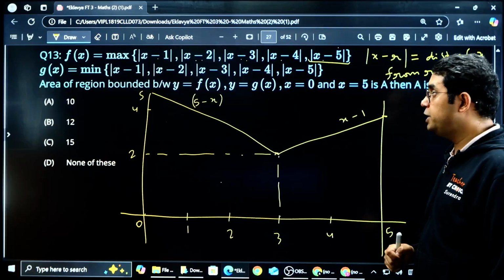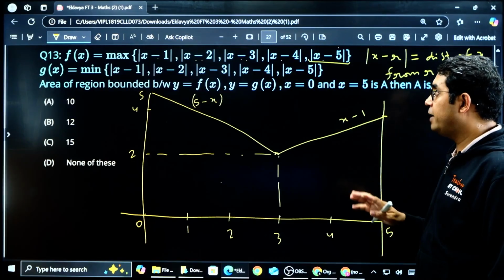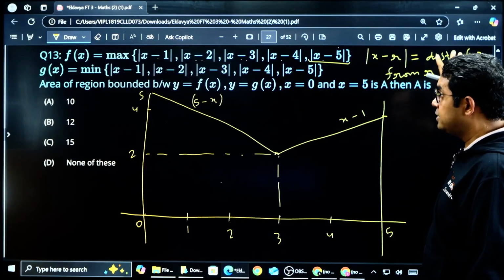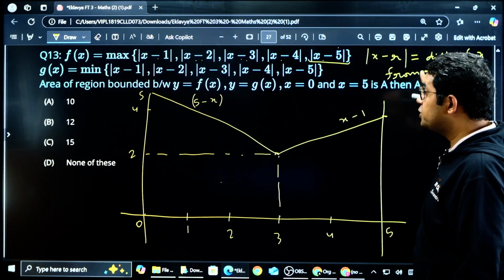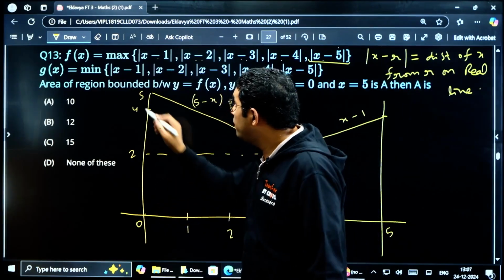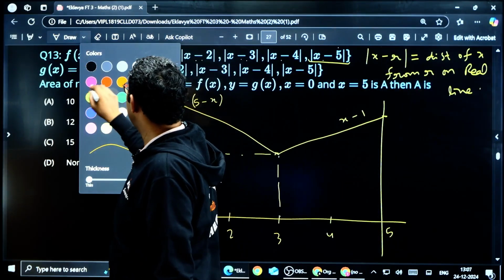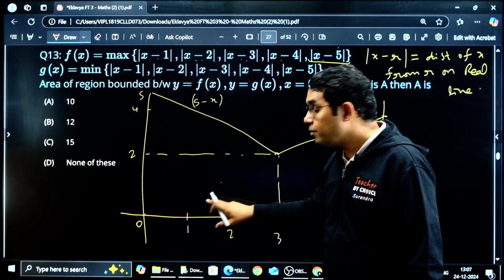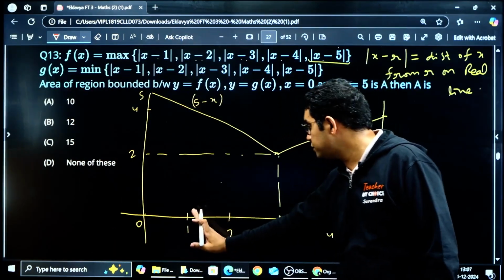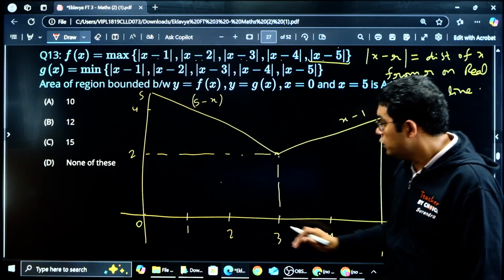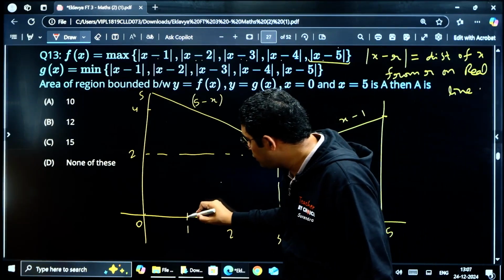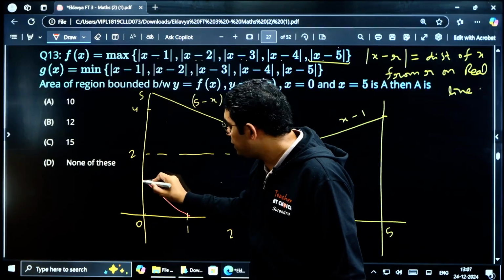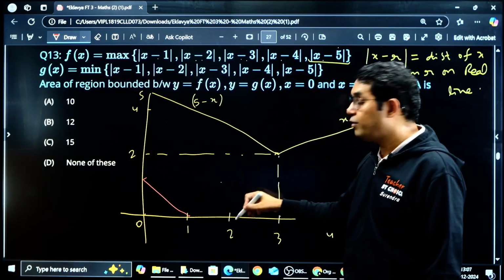Now coming to the graph of g(x), minimum of mod x minus 1 and so on. Now to have this minimum using this definition, if I am at 0, the minimum value will be from 1. Minimum distance will be from 1 because 1, then 2, then 3, then 4, then 5. So any x that is between 0 to 1, the minimum distance will be from 1 only.